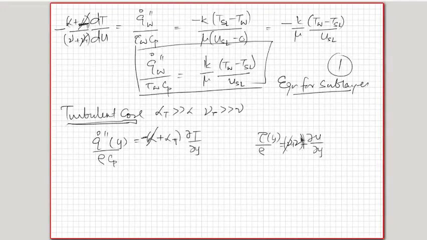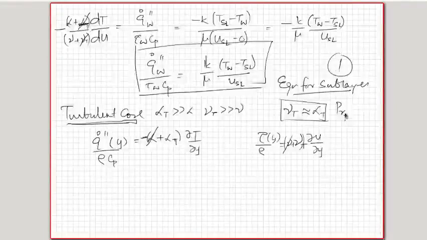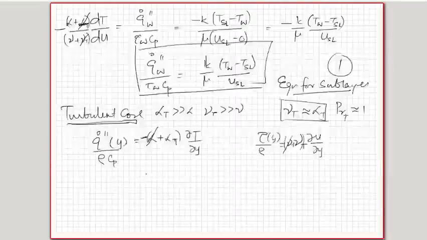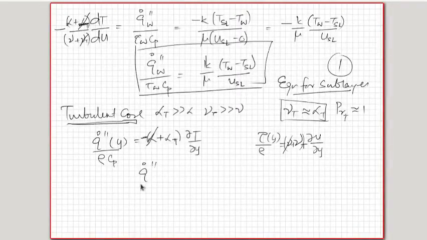And what is assumed is that in the core, the nu t is similar to the alpha t in value. So if you call something the turbulent Prandtl number, which is nu t by alpha t, it is taken to be approximately 1. If I divide these two equations one by the other, I get this q dot double prime divided by tau by rho at any y.